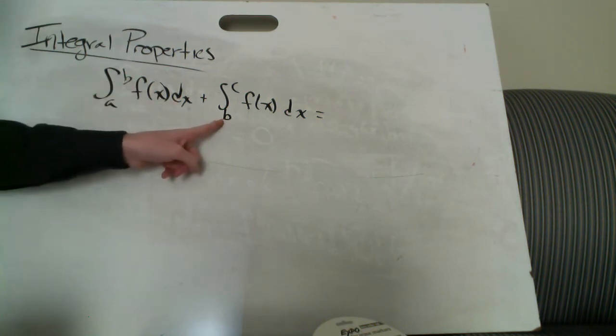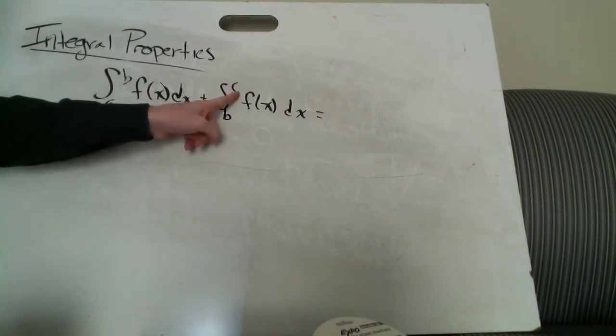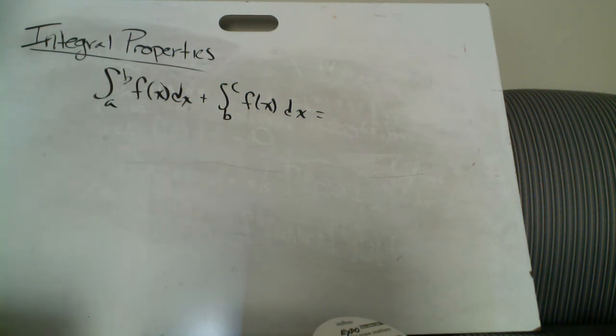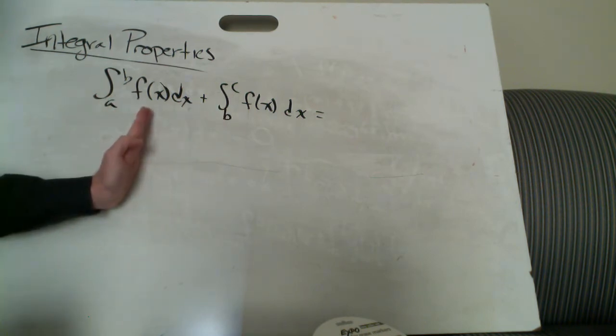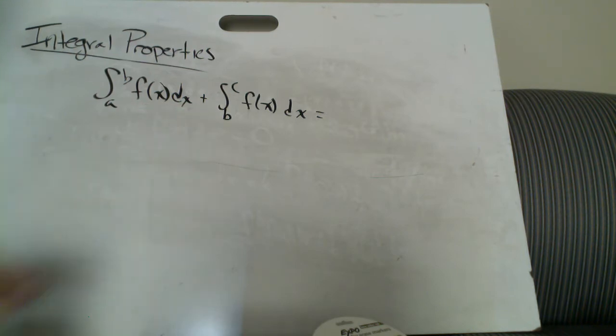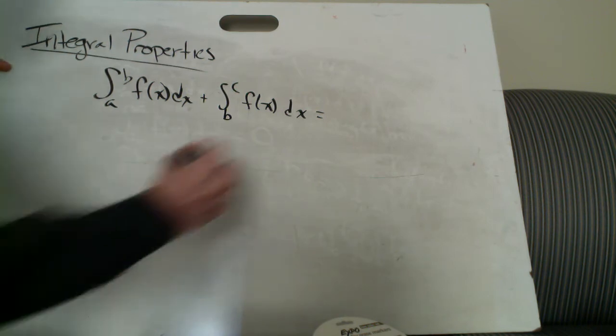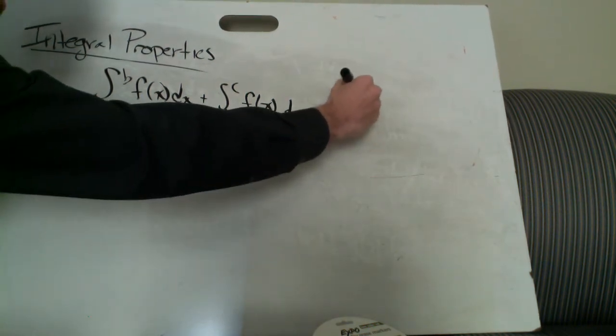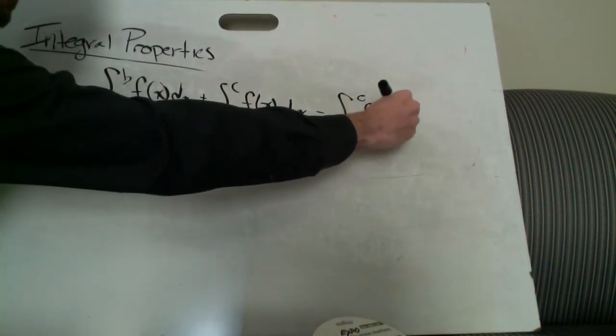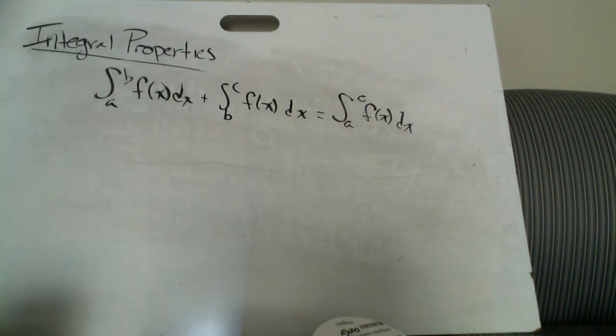Here we're finding the area from b to c, and we're stopping at c, but we're starting at b. So that means we've gone till b, stopped, started again exactly at b, and kept going all the way to c. That means what I've done is I've found 2 areas that are right next to each other, that are literally touching each other. This is just the area from a all the way to c of f.